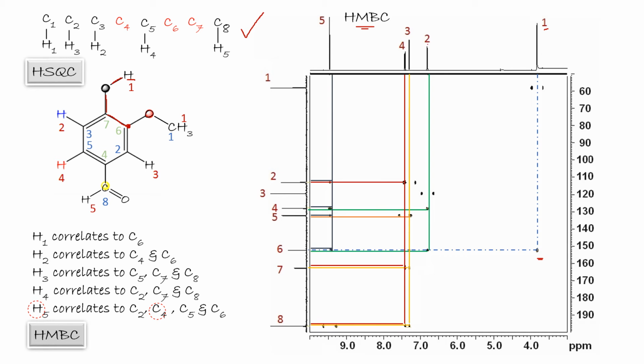Hydrogen 2 is connected to 4 and to 6. H2 is connected to 4, again J3, and J3 again to 6, right?